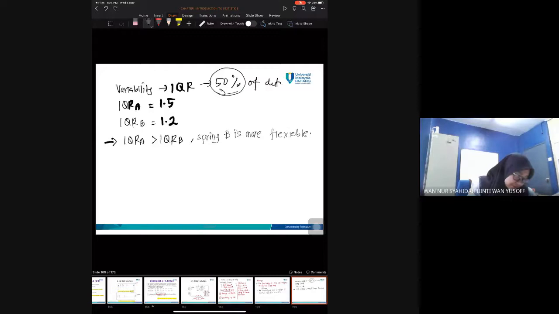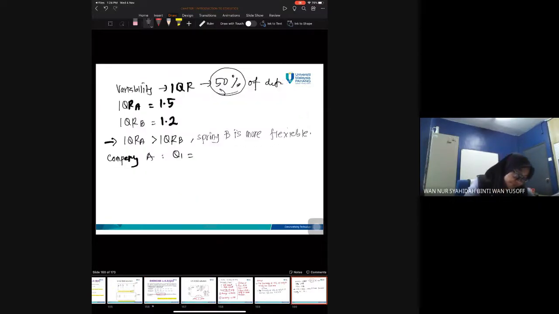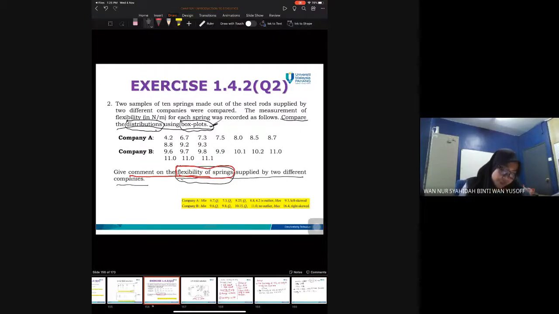So I show for company A. The Q1 is 7.3 and the Q3 is 8.8.